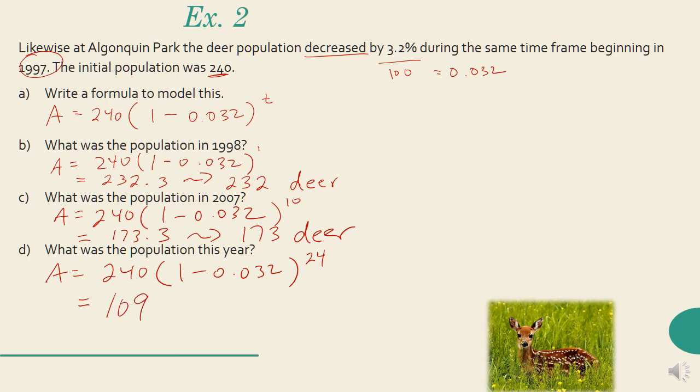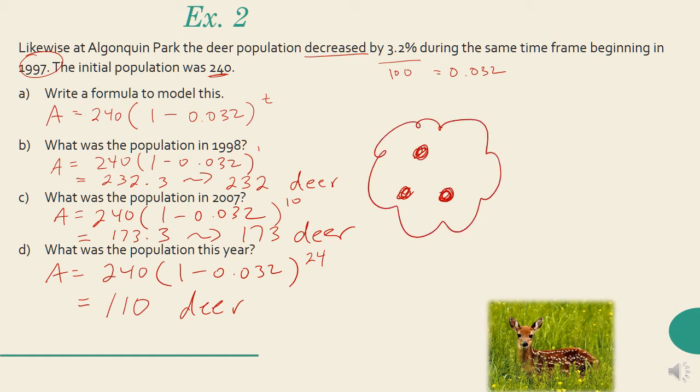Actually, based off rounding, it would actually round up to 110. So 110 deer. Just like last time, I'm going to remind you, if it was a test or an assignment or CCA, don't forget about therefore statements.